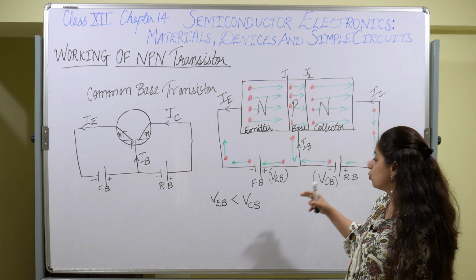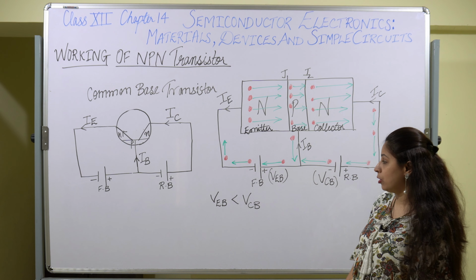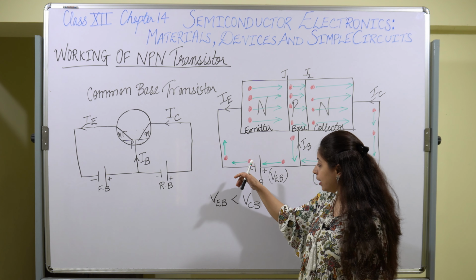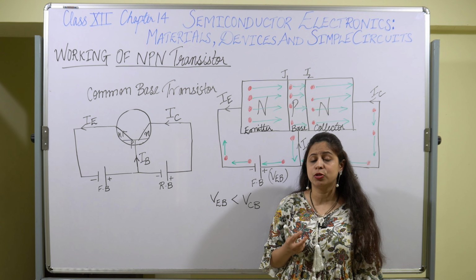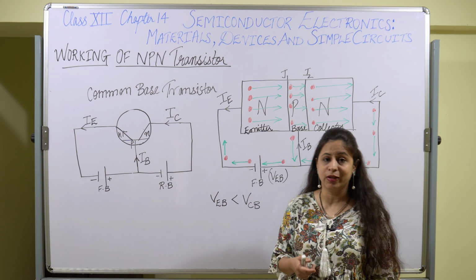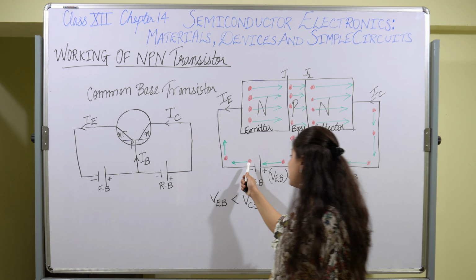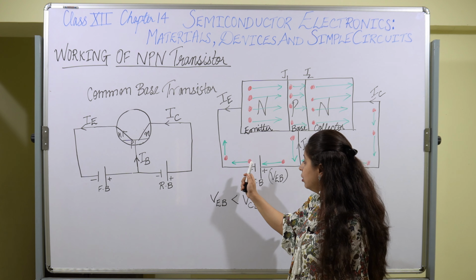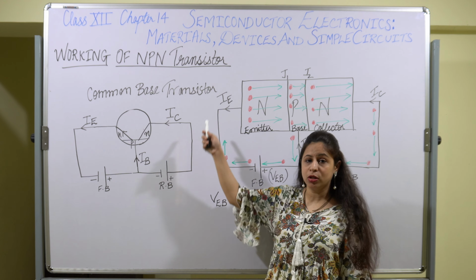Now what will happen as soon as I connect my batteries over here? Here this is a negative terminal. Since the emitter is heavily doped, what is doping? We have already seen it. Doping enhances the conductivity, so there is a lot of conductivity in this region. So my electrons will start moving from the battery to the emitter.